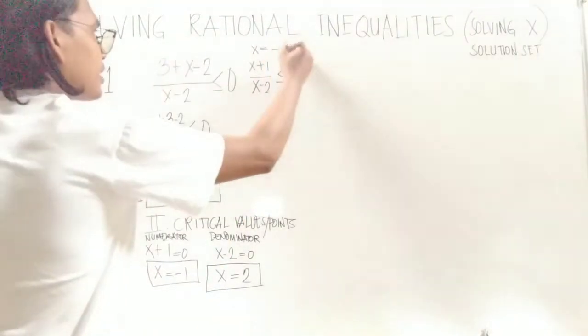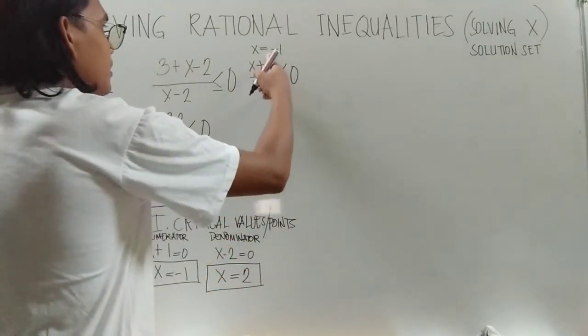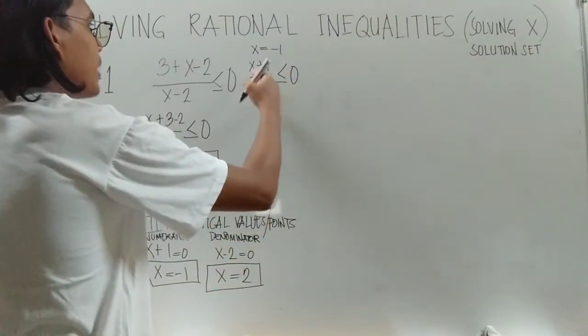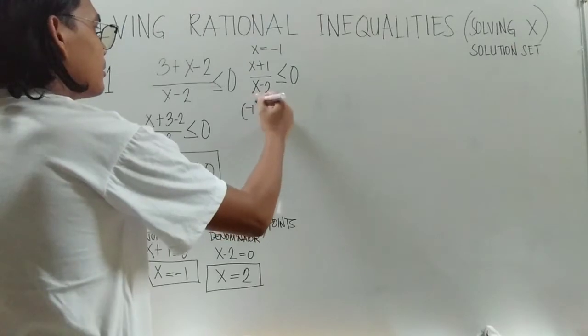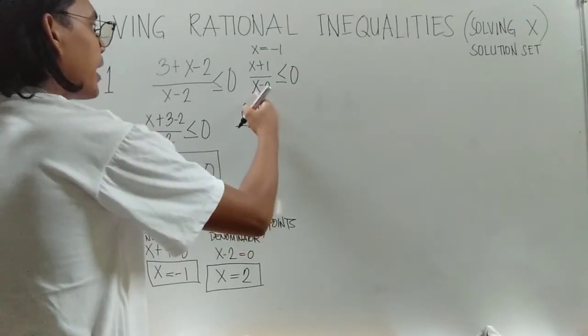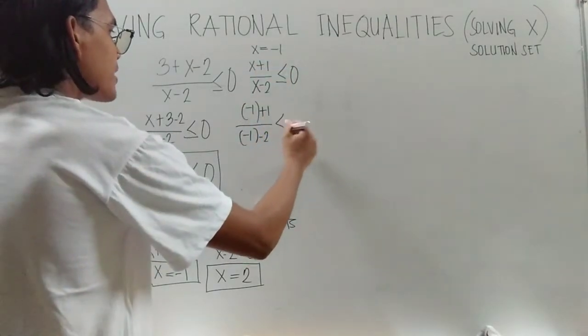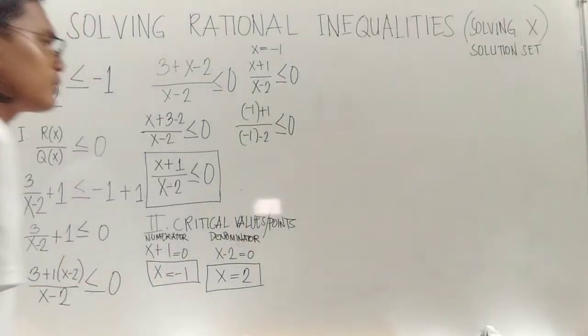First let us try negative 1. By substitution, we get negative 1 plus 1 over negative 1 minus 2 is less than or equal to 0.